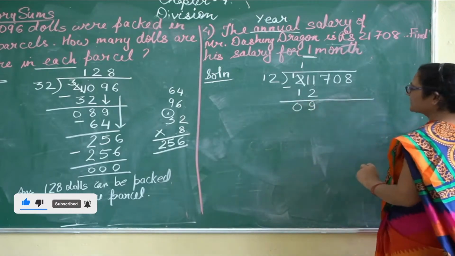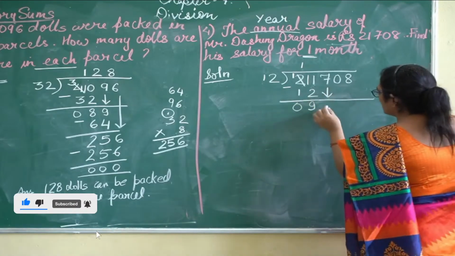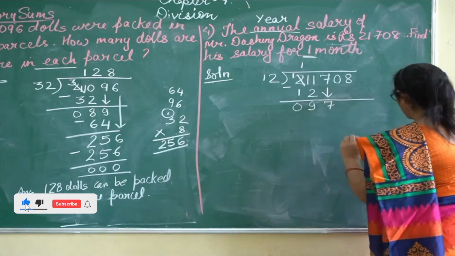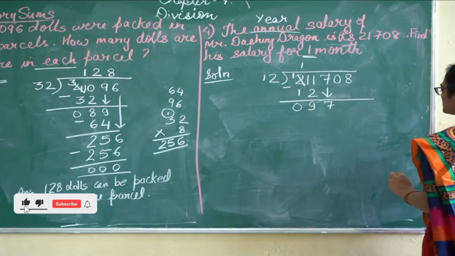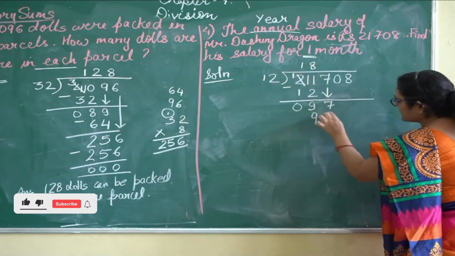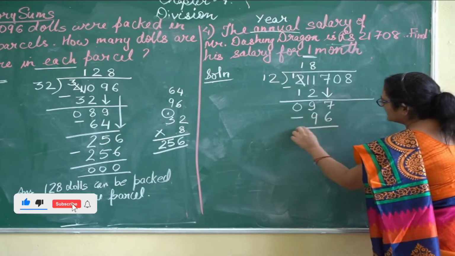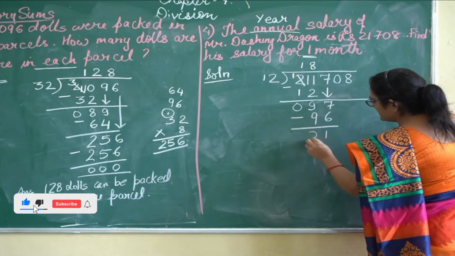Now next step. Till now you have understood how to divide. Next step means you have to bring 7 down. In the table of 12, does 97 come? No. Smaller than 97 is 12 8s are 96. Now we will subtract. 7 minus 6 is 1. 9 minus 9 is 0.